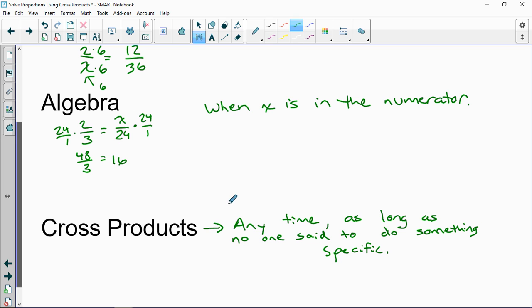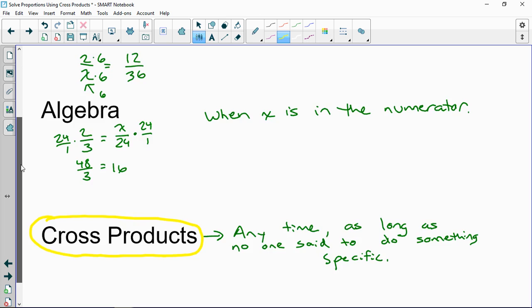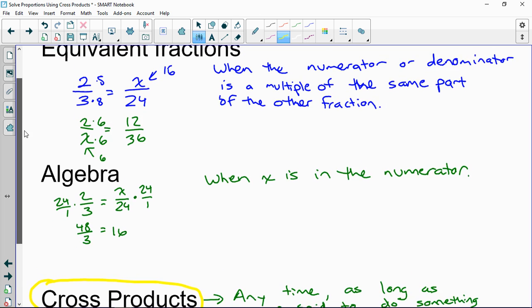Cross products always, always, always work. So they're my favorite. Though it is important to be able to show the process of using algebra to solve and using that whole equivalent fractions method to solve.